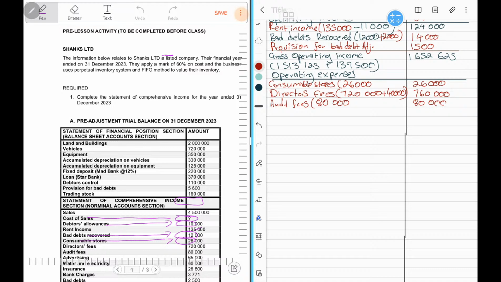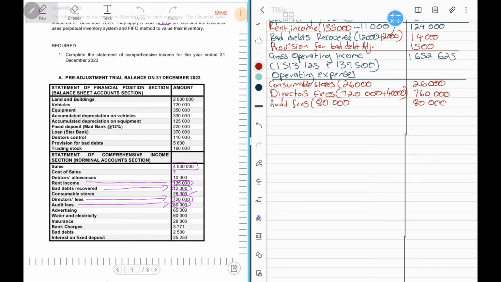Okay, then the next expense will be advertising, which is 65,000. So here we're going to say advertising. The first step will be to open the bracket. The second step will be to plug in the amount. So how much are we going to plug? We are going to plug 65,000.